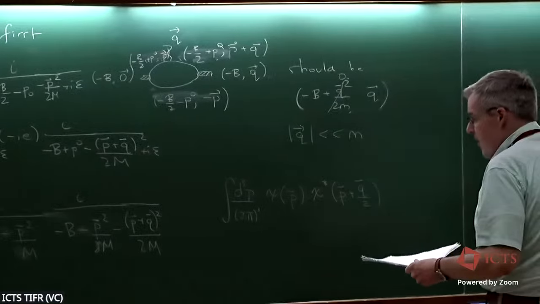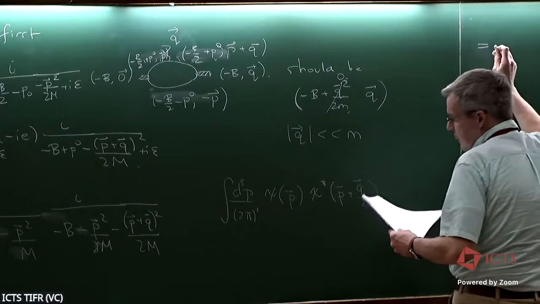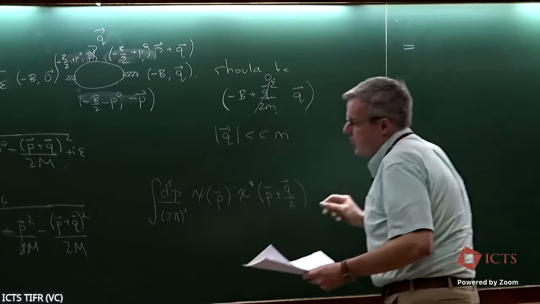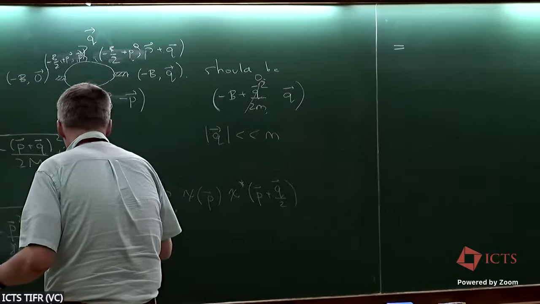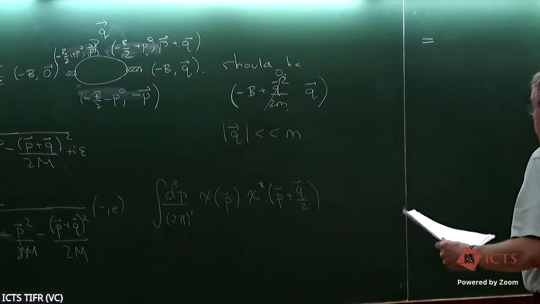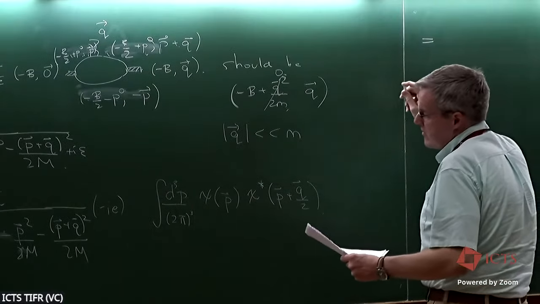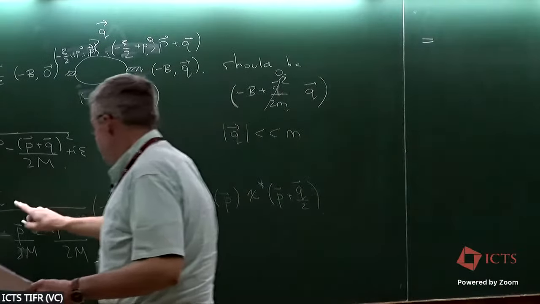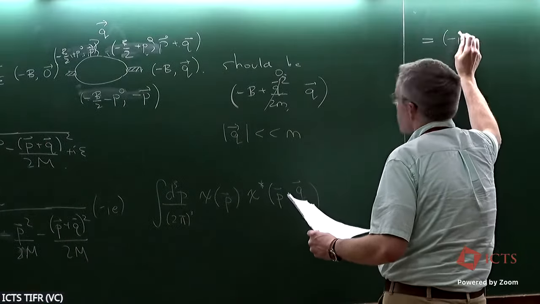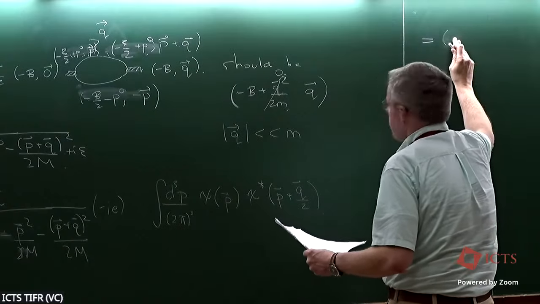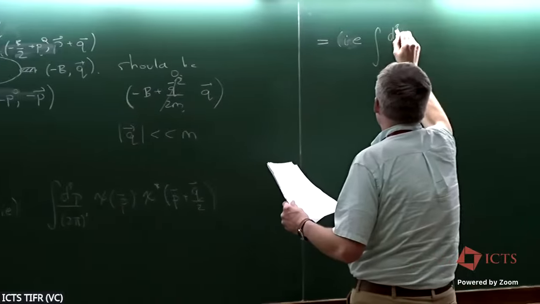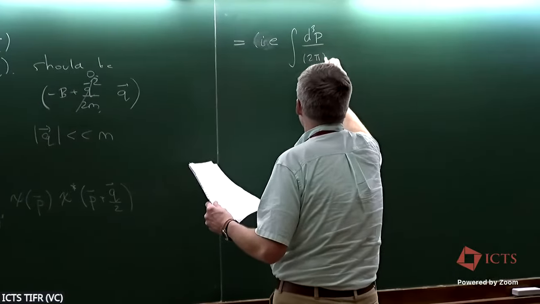Okay, so now I'm going to multiply through by a bunch of m's. Oh, and I missed the minus e, sorry. So now if I combine this and this and this, I have i times e times the integral d3p over 2 pi cubed.